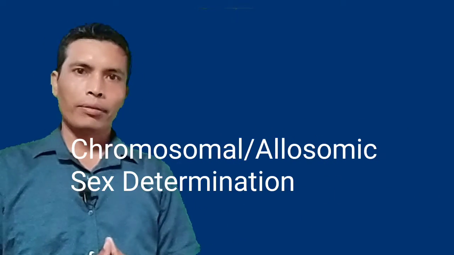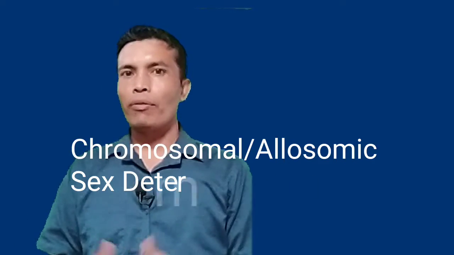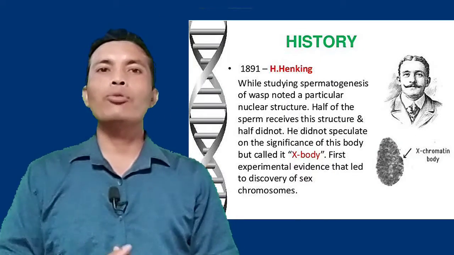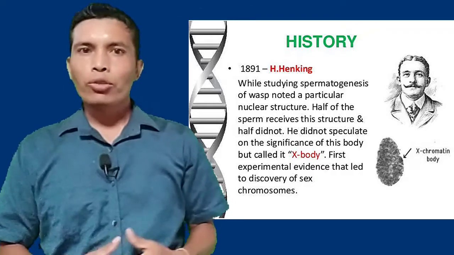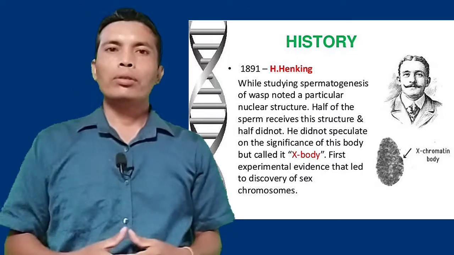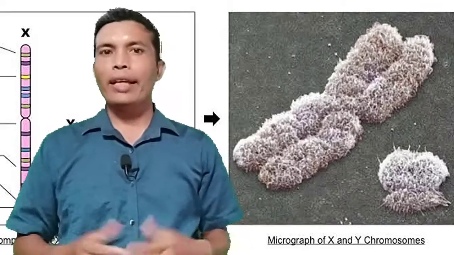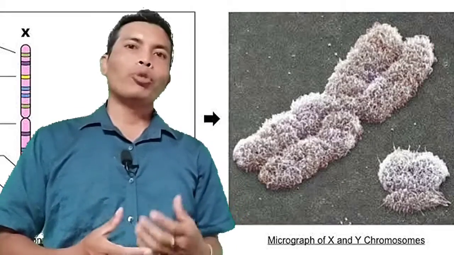So firstly, let us learn chromosomal sex determination or allosomic determination of sex. In 1891, Hermann Henking discovered a nuclear region which was known as X body. Now we call it X chromosome. The term X body was given by McClung.